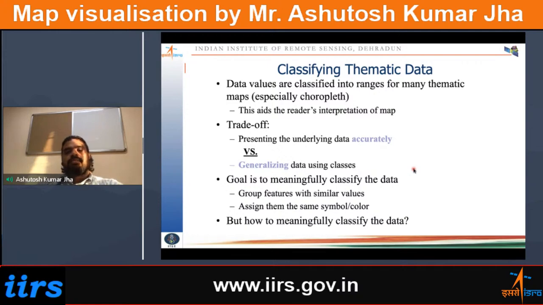At the same time, the classification also needs to be chosen in such a way that it distinguishes one class from another class. The impact of classification and grouping is that you lose accuracy. Detailed or individual values now get merged into your classes. So you are losing accuracy, but at the same time you are increasing the generalization.